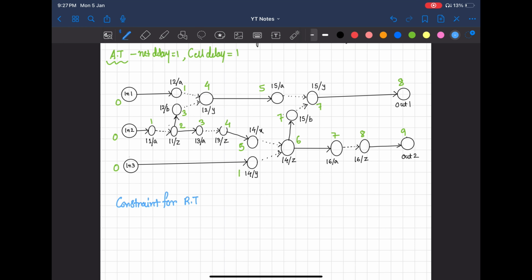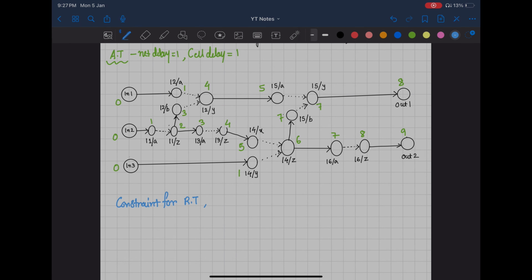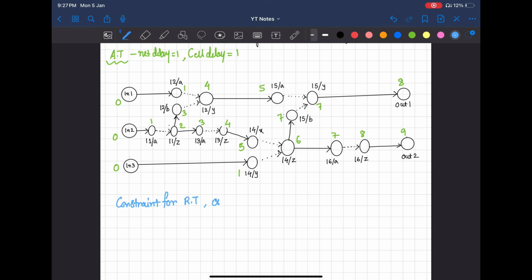Now I give a constraint for the required time: for output 1 node the required time is 11, and for output 2 node the required time is 10. With 11 here and 10 here, you can see the slack is positive, so there will be no setup violation chances.